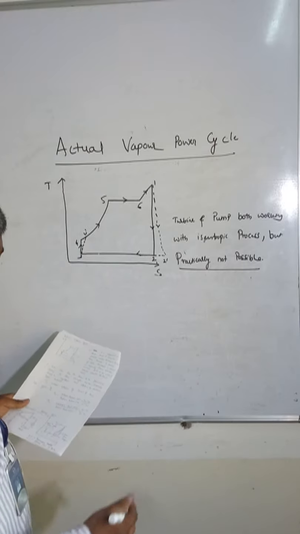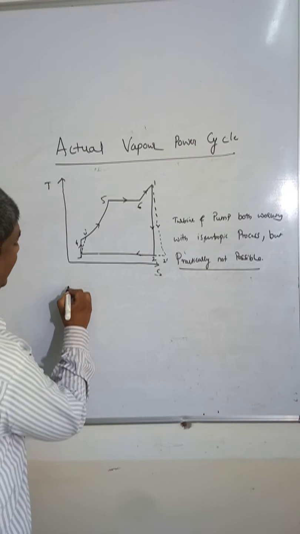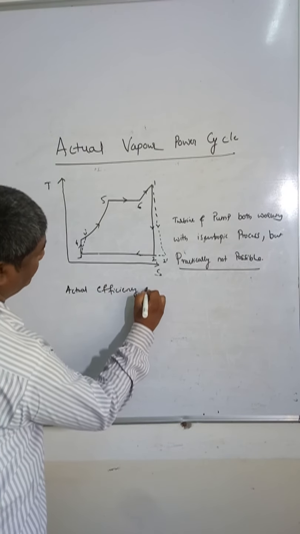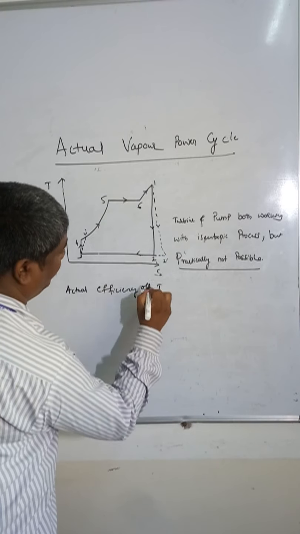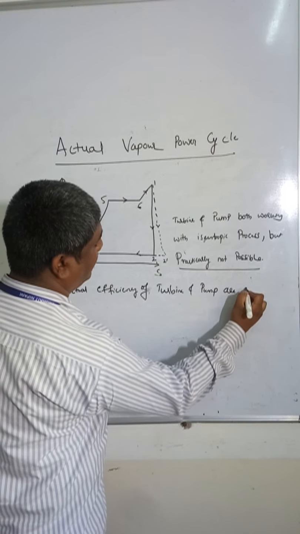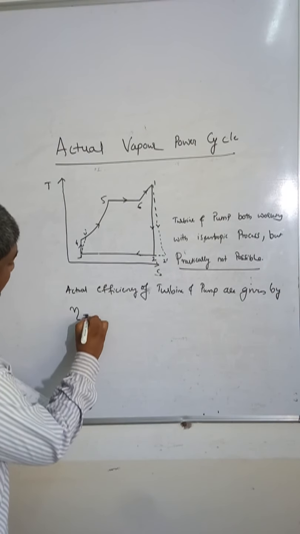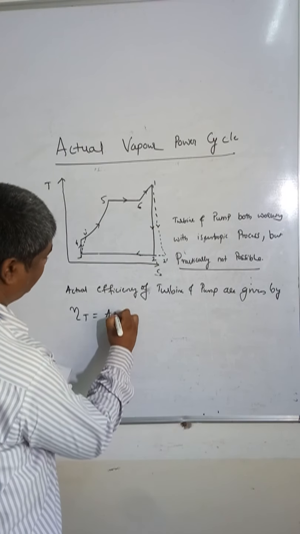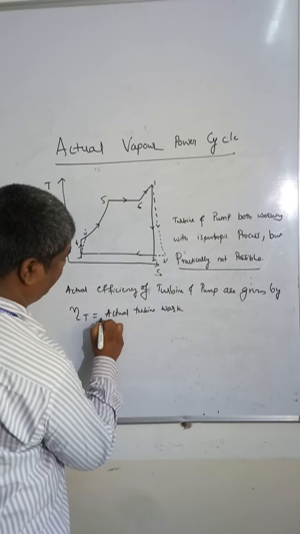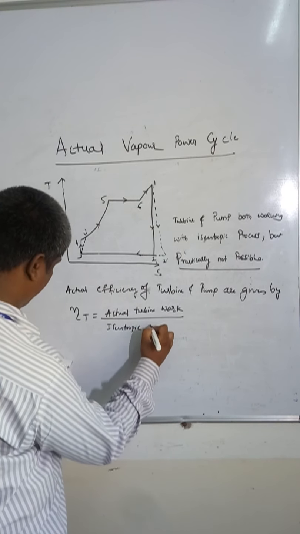So in the actual case, if you want to see the efficiency, the actual efficiency of turbine and pump are given by: efficiency of turbine is equal to actual turbine work divided by isentropic turbine work.